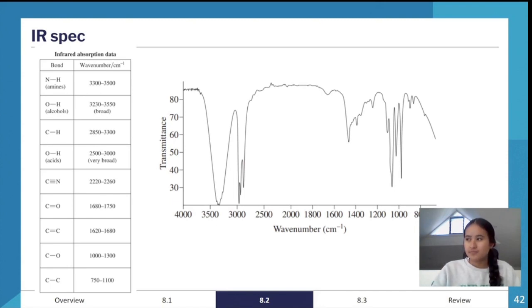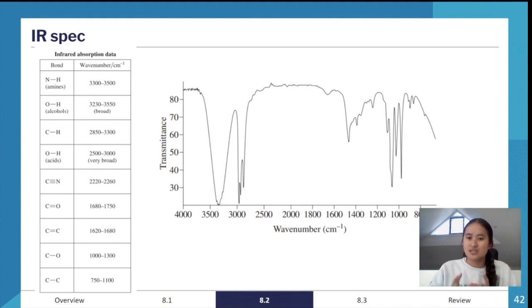An important thing to note is that past 1,500, this stuff here, is called the fingerprint region, and we usually ignore the fingerprint region except when there is a very distinct peak that has to be mentioned. Most of the time that would be a CO bond.